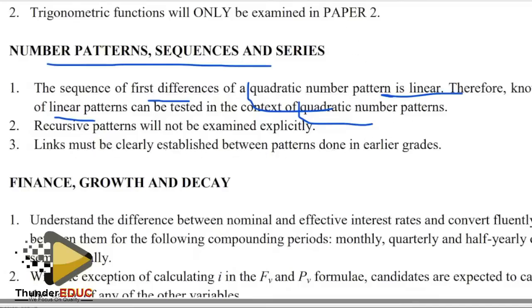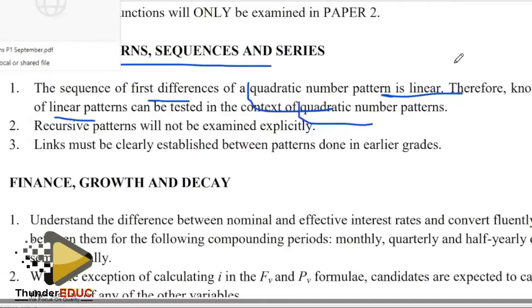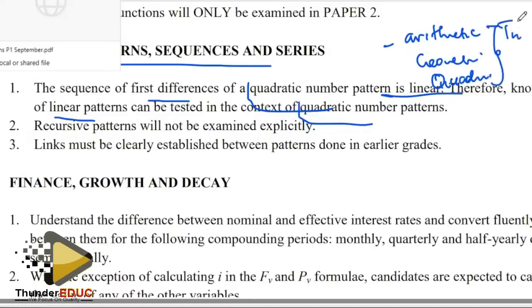Remember, guys, that when we talk about number patterns, we have what we call the arithmetic, the geometric, and then the quadratic. What is important with all 3 is that we need to know their Tn's, the nth terms: a plus n minus 1 into d, ar to the n minus 1, and then an squared plus bn plus c.